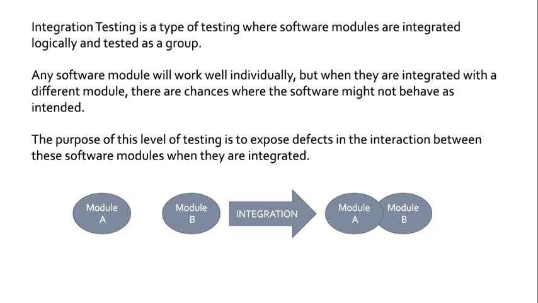To give you an example, let's say module A is a Facebook login screen. The login screen is developed individually, and upon entering username and password, you click on the submit button. That is an individual screen, and there must be some integration if you want to navigate to the next screen, the home screen, correct?